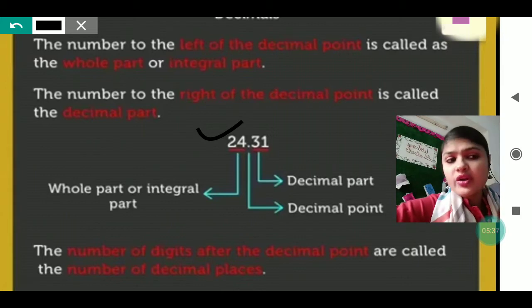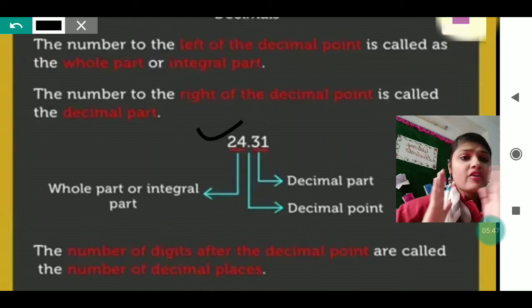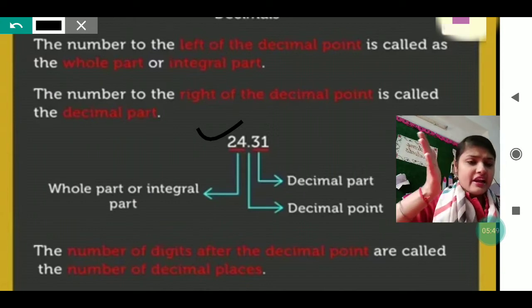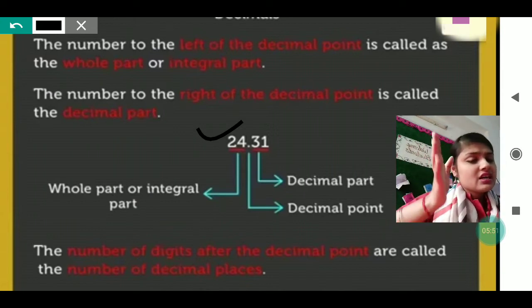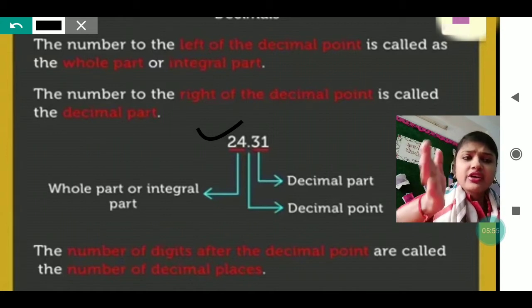Whereas after the point, whatever number is written to the right side, that is the decimal part. So the number to the left of the decimal, this side, is the whole number or the integral part.